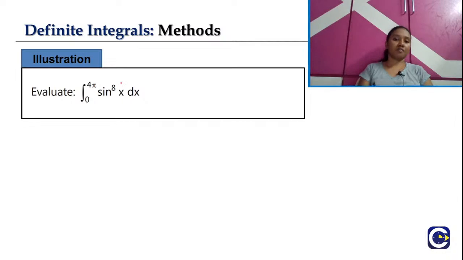Because here our limits should be 0 to pi by 2, but here the limits are 0 to 4 pi. So we have to think whether we can convert the limit to pi by 2 or not. That will be our first thought.